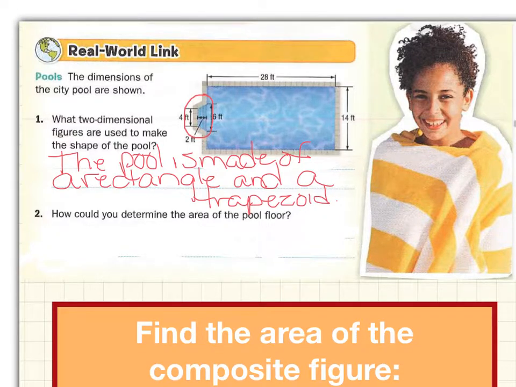How could you determine the area of the pool floor? Well, you could separate the shape into the rectangle and the trapezoid and find the area of each and then add them up.